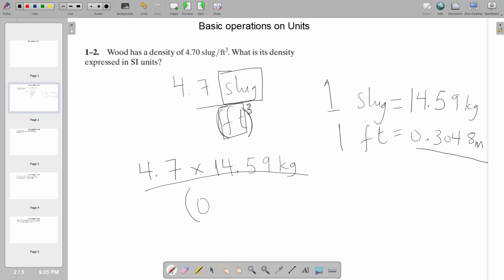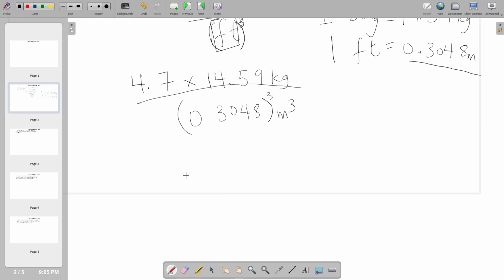So it's 0.3048. Now, if we write meters all cubed, you know that this is 0.3048 cubed times meter cubed. So we can just bring the meter outside and cube it. We evaluate this and we have 68.573 kilogram on 0.0283 meter cube.